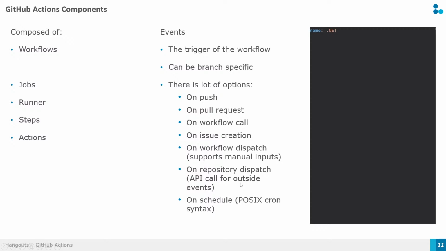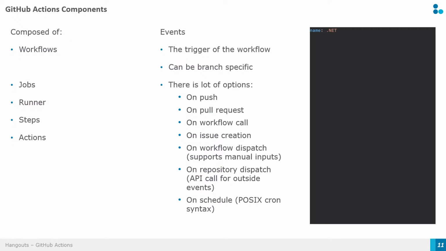Repository dispatch is the API call from an external event. And on schedule, that's when you can schedule workflows to be triggered every now and then. And I just added here, it uses POSIX syntax. It's kind of complicated to use, but on the GitHub documentation page, they have a tool that helps you out.